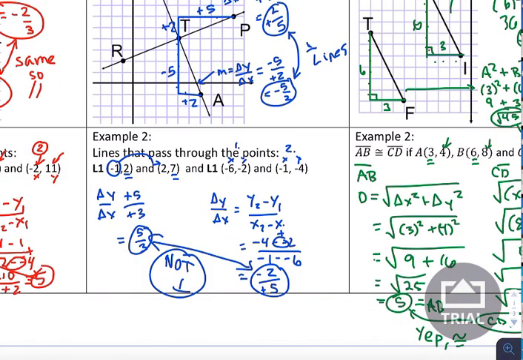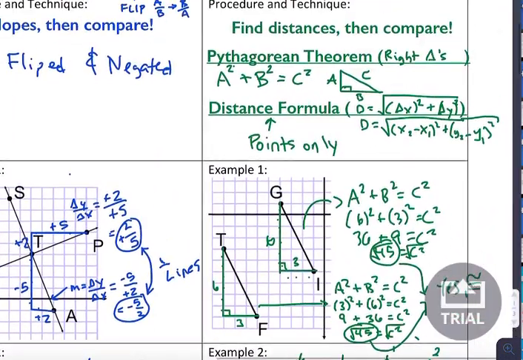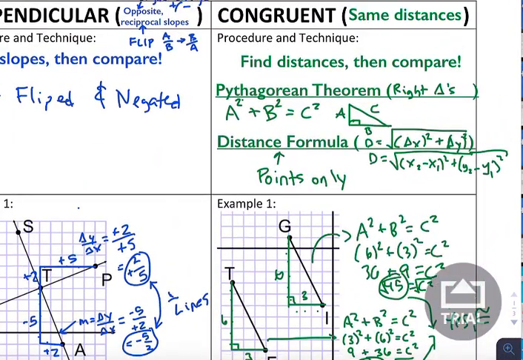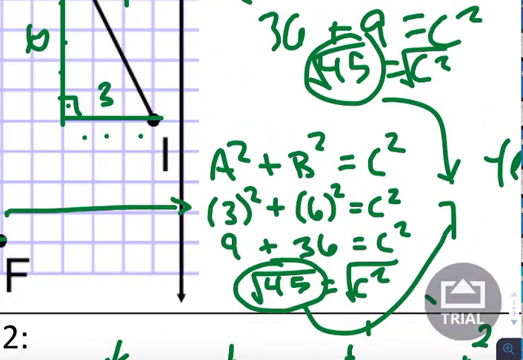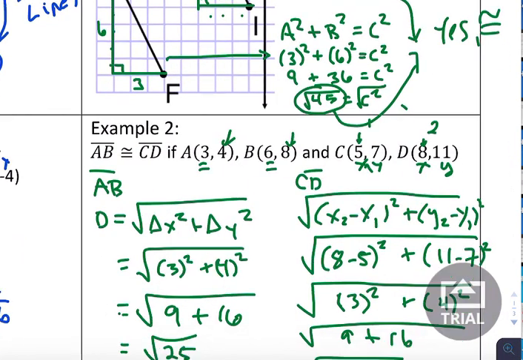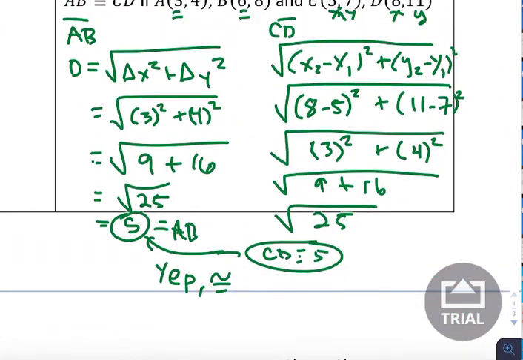If they're not, then we can say that they're not. For congruency, we're checking distances. Pythagorean theorem is fine if you can construct a right triangle. If not, use a distance formula. If they're the same distance, even if you don't know the exact value of the distance, if they're both square roots of 45, of course they have to be the same distance. We can say they're congruent. Otherwise, we can use a couple different forms of the distance formula and say the same thing.